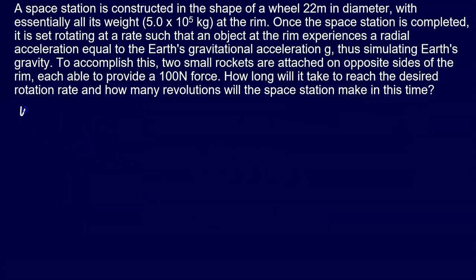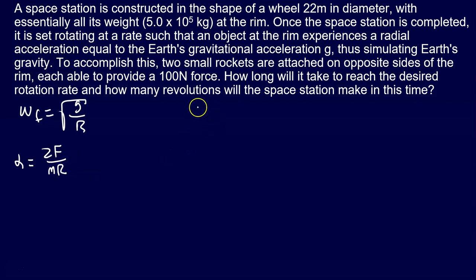Let's write those two pieces of information we got. Our omega final is radical g over r, and our alpha, if we go back, is 2F over mr. So now this becomes a kinematics problem.